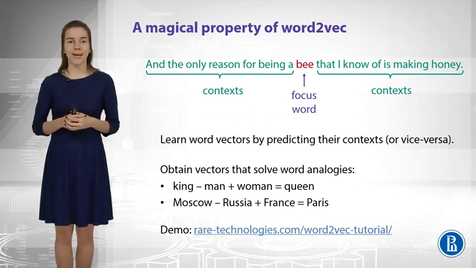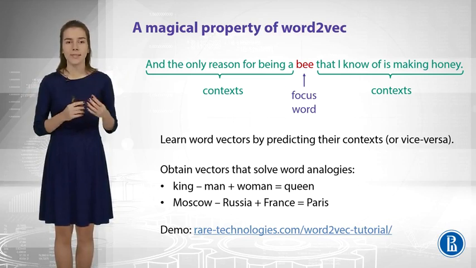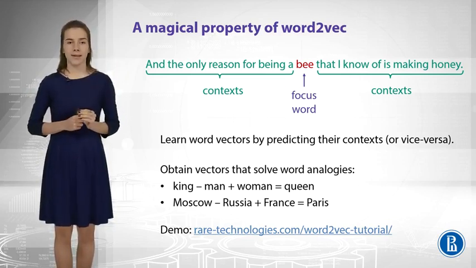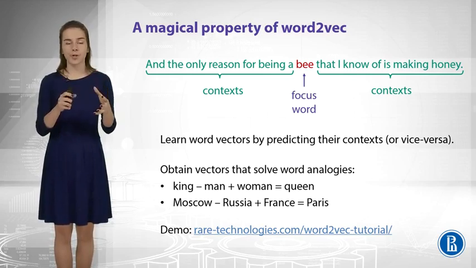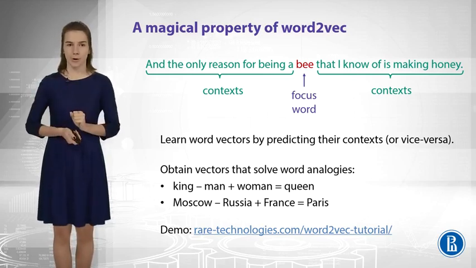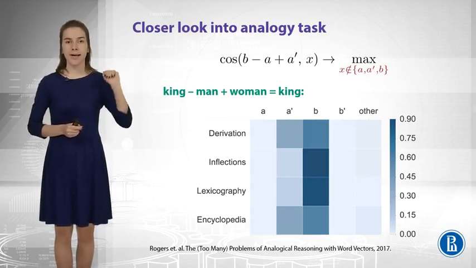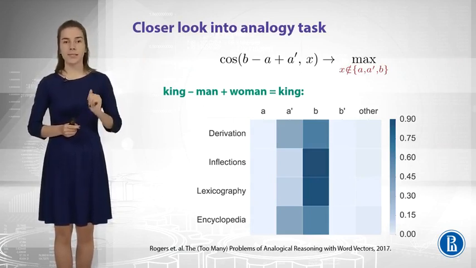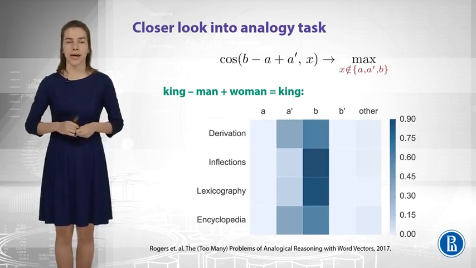So it looks like the model could understand some meaning of the language, even though we did not have this in the data explicitly. But let us look at closer details of how this search for the closest word is performed. So you see that we have this arithmetic expression, and then we maximize cosine similarity between the result of the expression and all the candidates in our space.